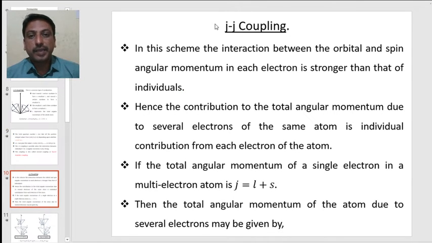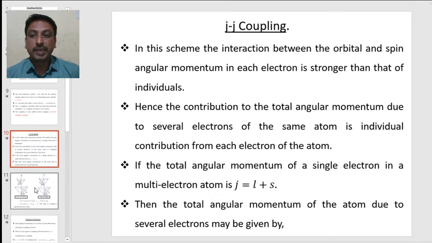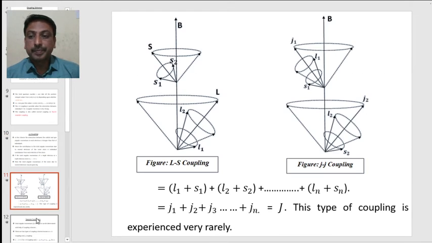Now we will go for the discussion of JJ coupling. In this scheme, the interaction between the orbital and spin angular momentum in each electron is stronger than that between the individual electrons. Hence, the contribution to the total angular momentum due to several electrons of the same atom is an individual contribution from each electron of the atom. If the total angular momentum of a single electron in a multi-electron atom is J equals L plus S, then for several electrons, L1 plus S1 gives J1, the total angular momentum of an electron.